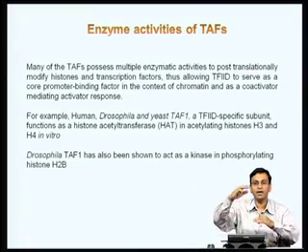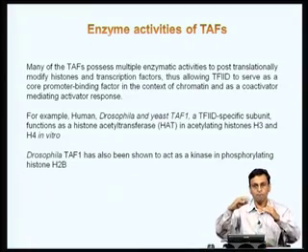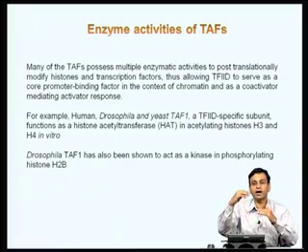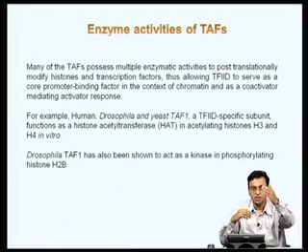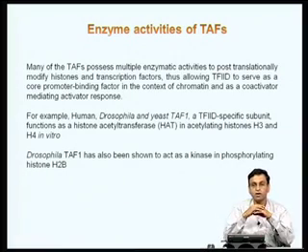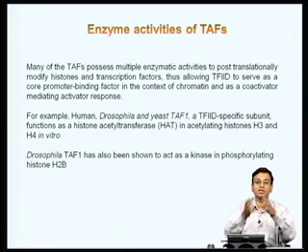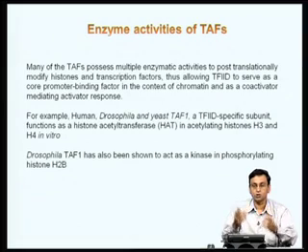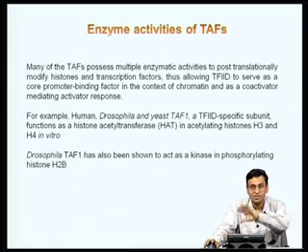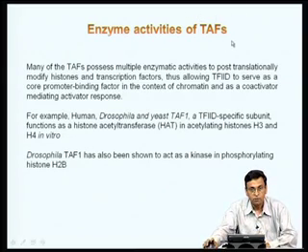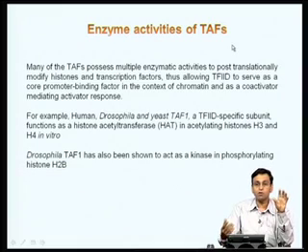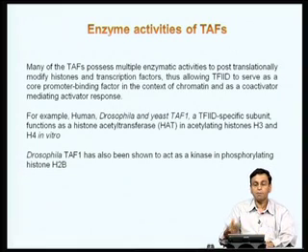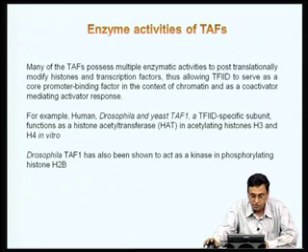So by simply making histones bind or fall off, by either adding a positive charge or a negative charge, or by removing a positive charge or a negative charge, using what are called histone acetyltransferases, histone deacetylases, histone phosphorylases, and so on and so forth, differential gene regulation can be brought about. And one important player in this entire area are the TAFs. So many of the TAFs were soon discovered to be enzymes capable of post-translationally modifying histones.